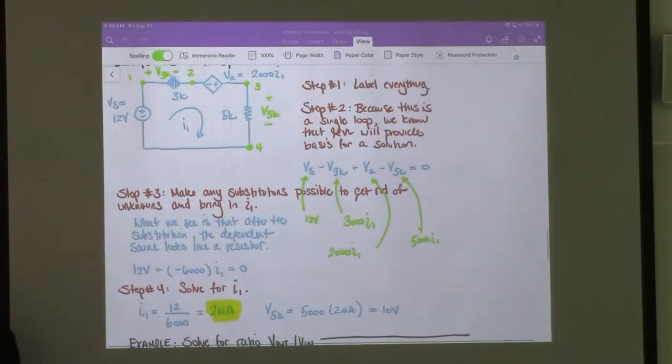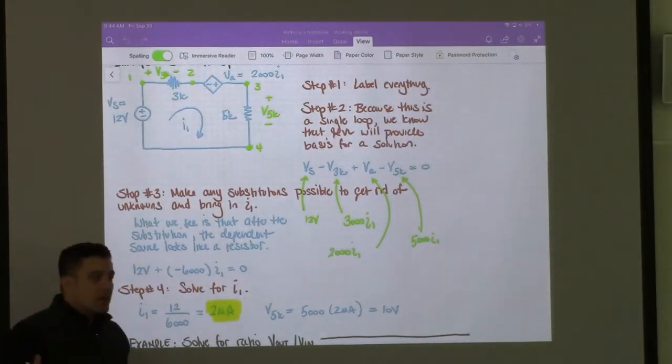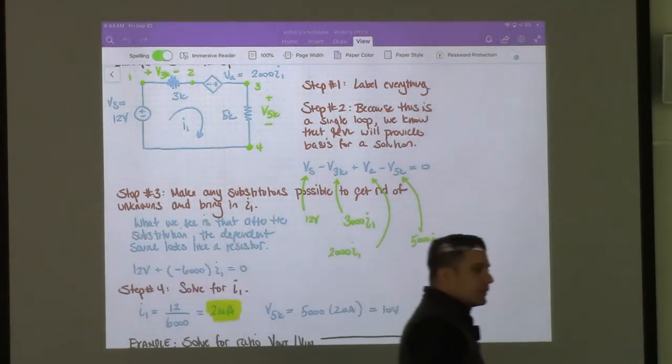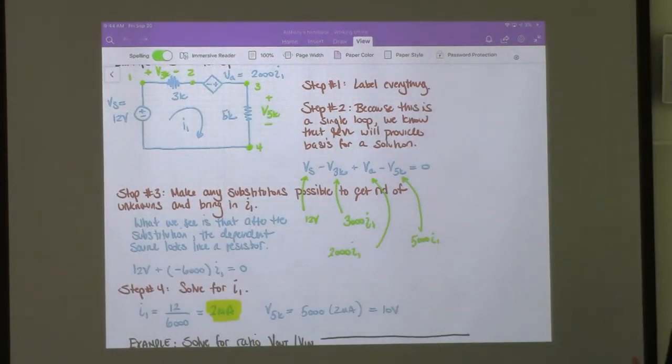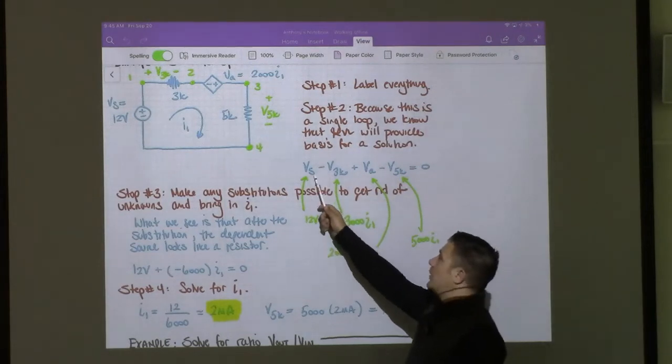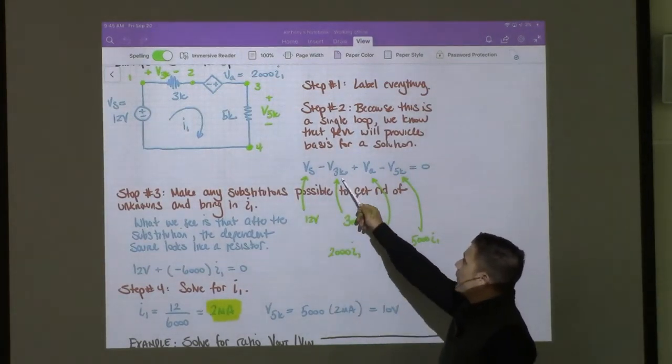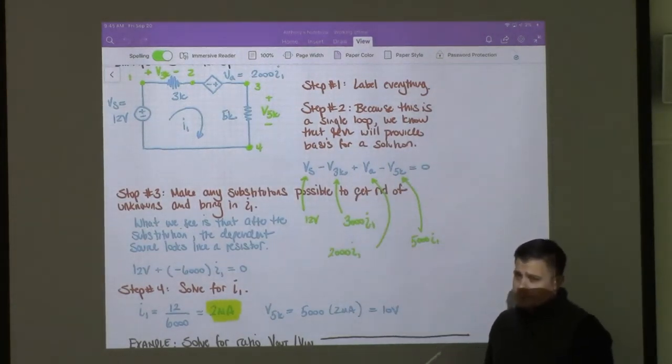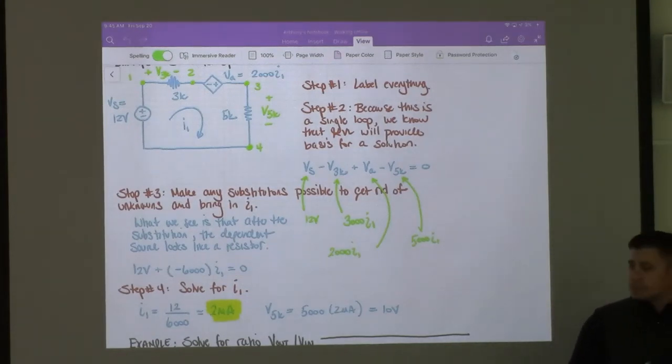All right, next. We're going to make substitutions. Essentially, we have one equation, and we want to get it down to one unknown. That way we can solve for it, right? Just basic, good old algebra. So what substitutions can we make? Well, VS is nice. We know that's 12. For the voltage across the resistors, we're going to use Ohm's law.